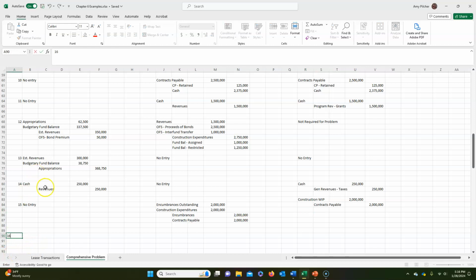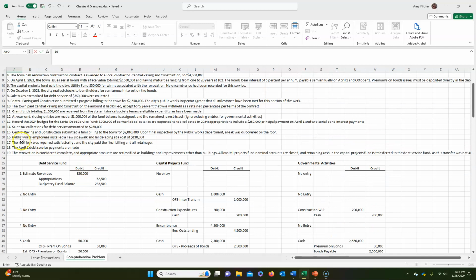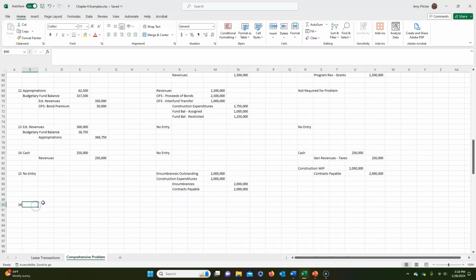Entry 16. Public Works employees installed a new sidewalk and landscaping at a cost of $130,000. So there's no entry in the debt service.